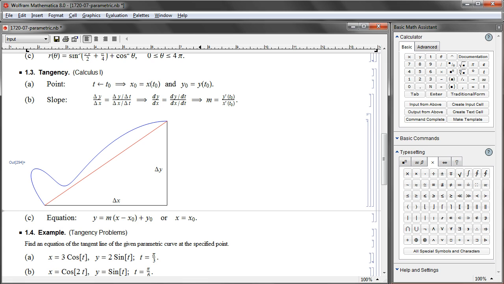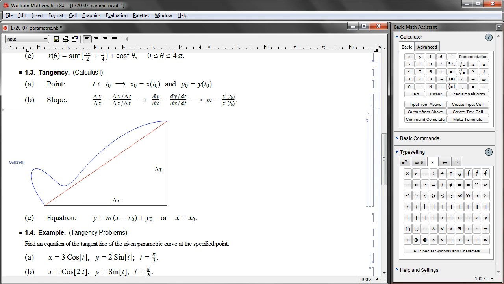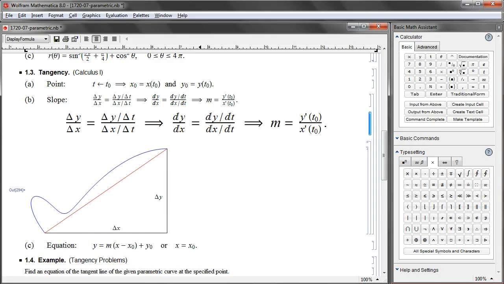And those changes, delta x and delta y, are caused by a change of time. Let's say that change is delta t. Okay, let's expand this font a little bit. And you can divide by delta t, both numerator and denominator, consequently changing nothing.